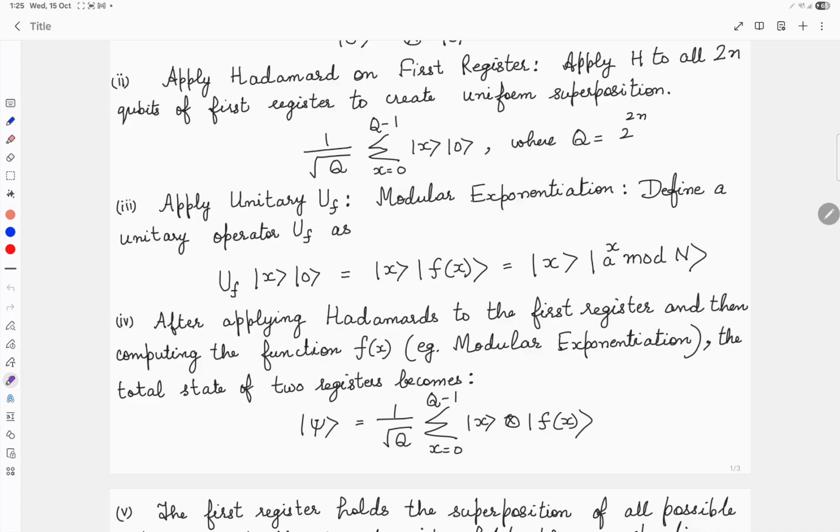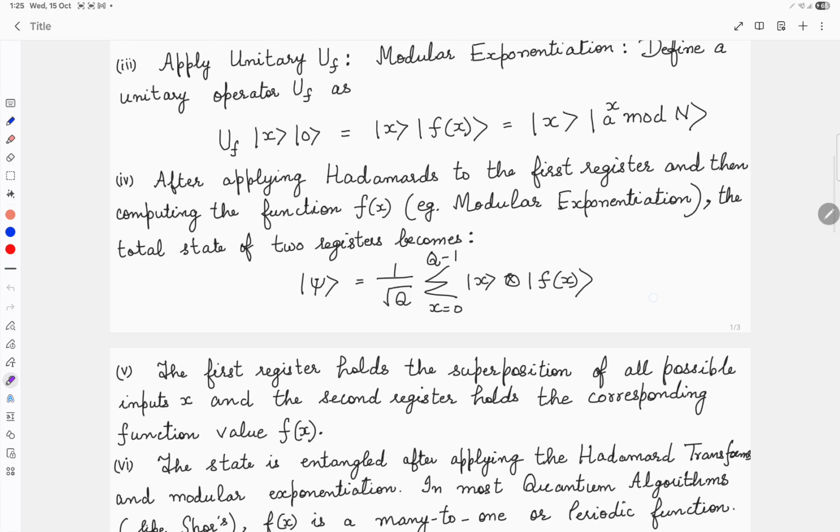That's the overall quantum state of the two register quantum system.